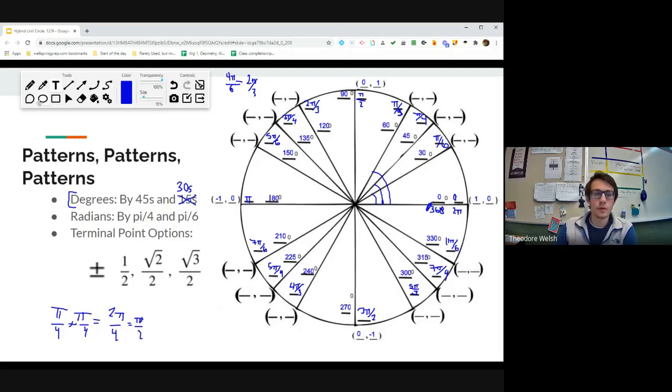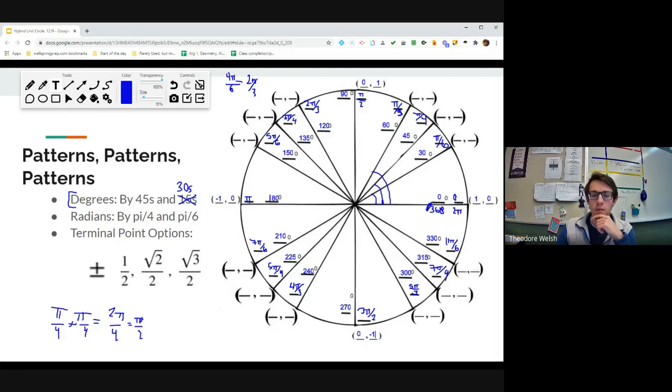The rest, the way that we think about these: on Monday, I showed you how we come up with these values by using those special triangles. There's a couple ways I think through these. The easy ones for me are obviously these axes.